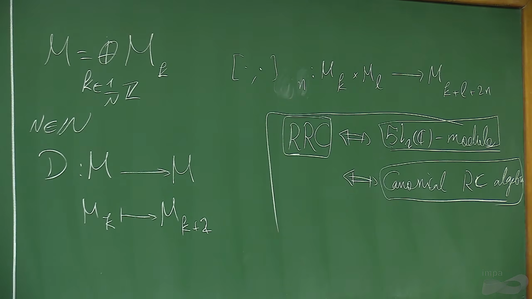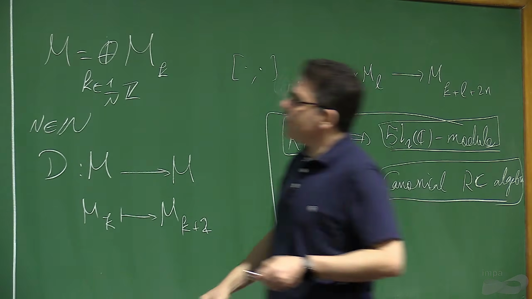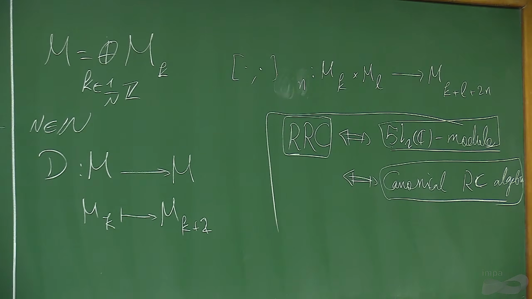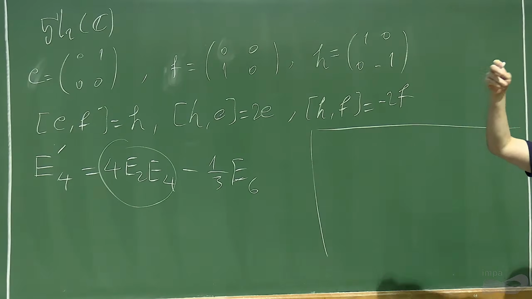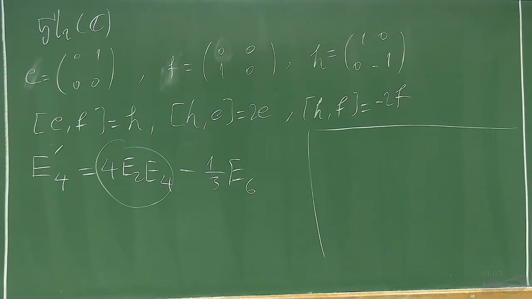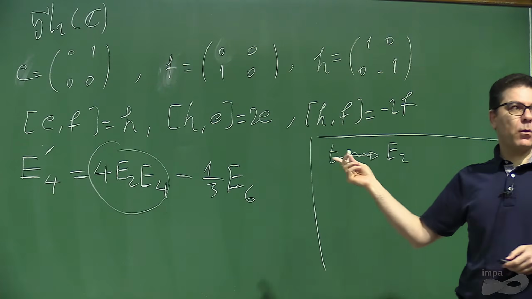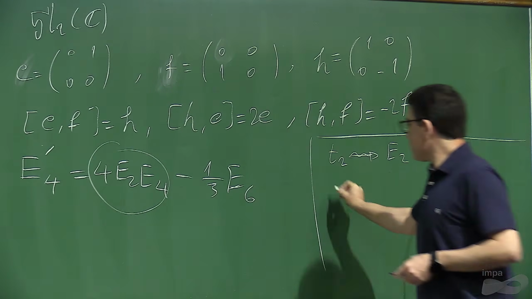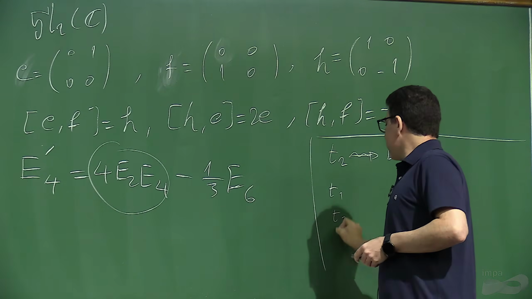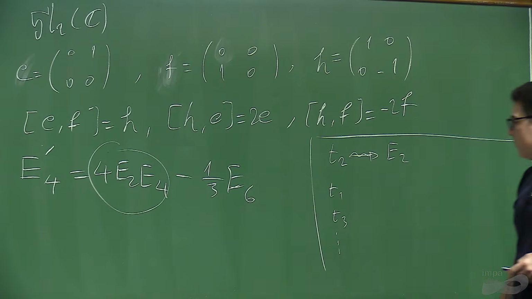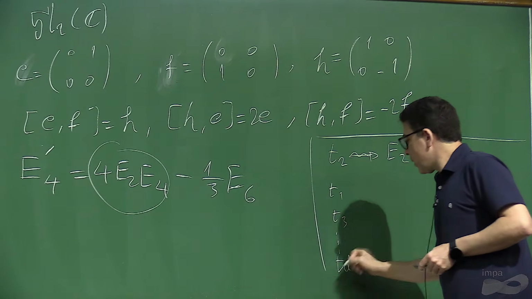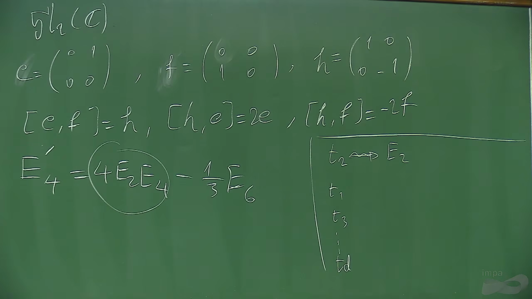So, looking at all these cases, in the case of the modular forms and the way that we are considering the chart and the rest, here T2 is playing the role of E2, the quasi-modular form, and the rest, T1, T3, until TD, they are playing the role of the modular forms.